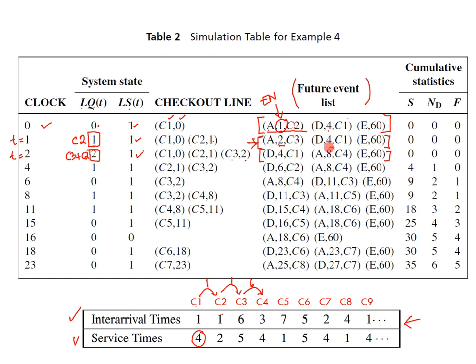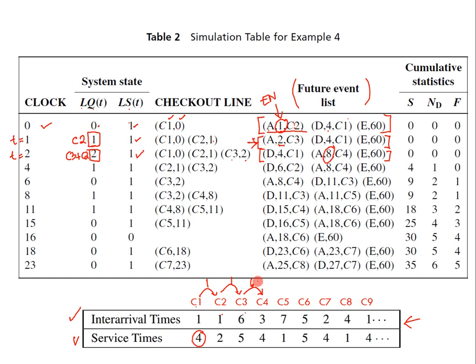So how do we know customer 4 arrives at time 8? Currently we are at time 2. For customer 3, the inter-arrival time is 6, meaning the next customer, customer 4, will arrive 6 minutes later.